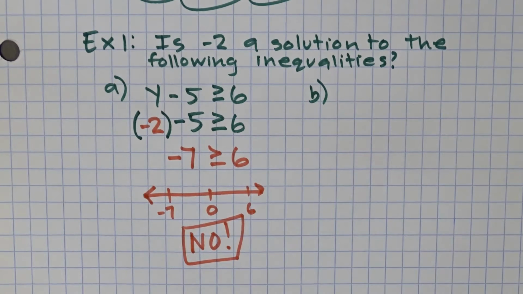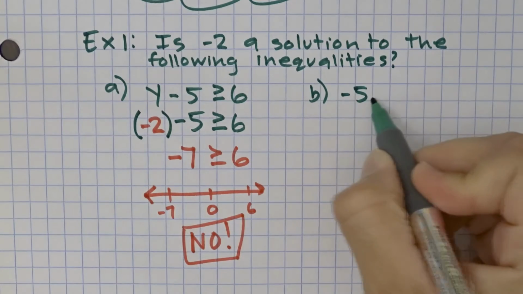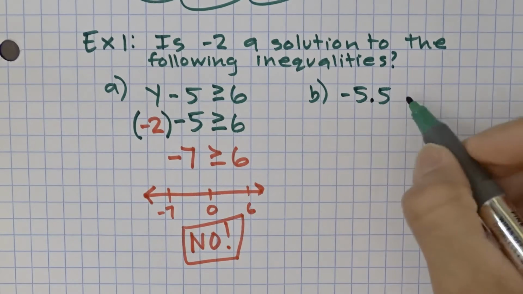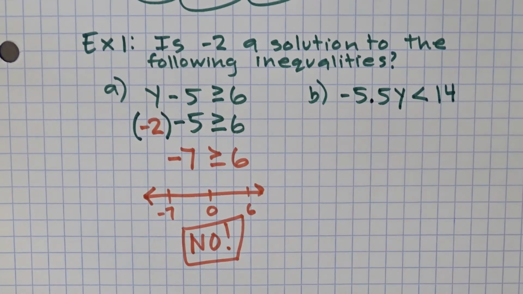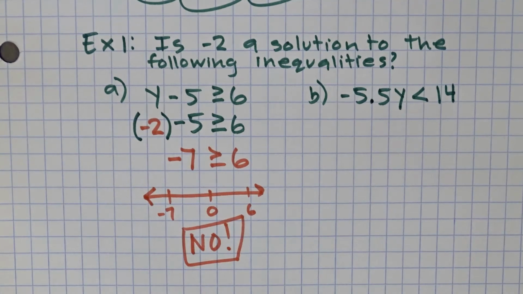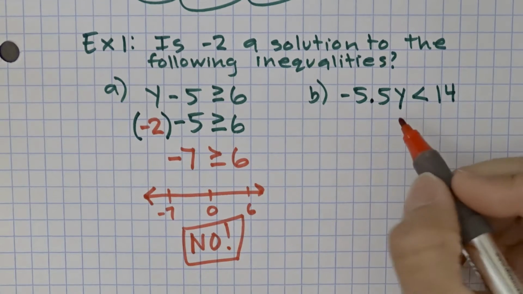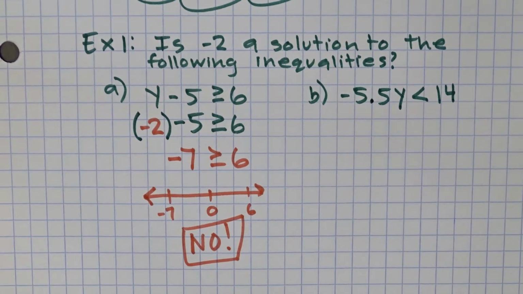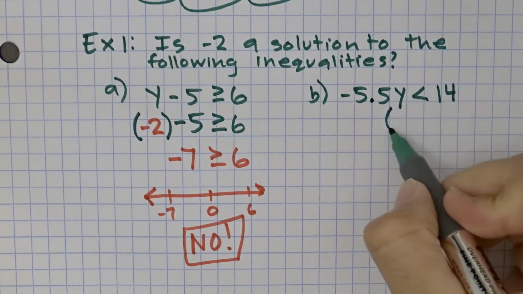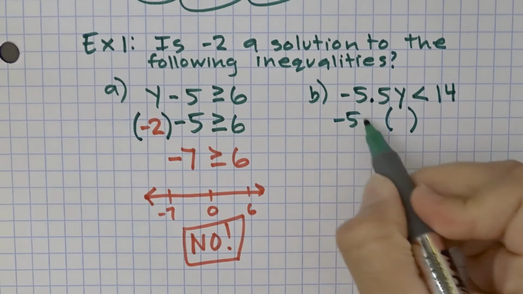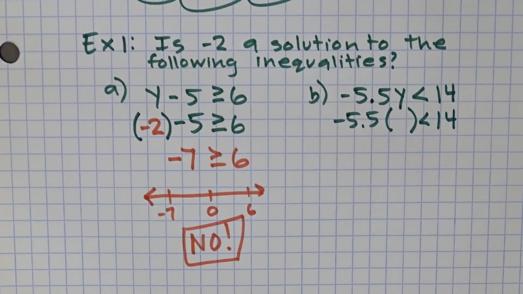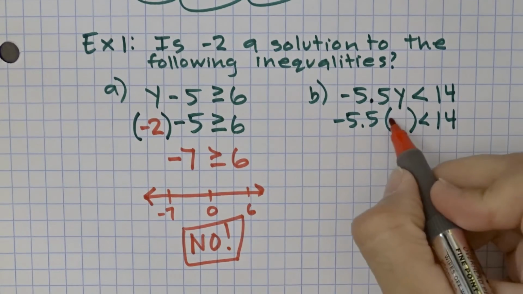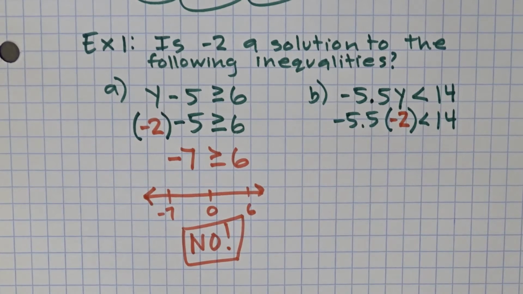The next one, -5.5y is less than 14. And again, you want us to check -2. It might be another number, but for this one, it's -2. So what I'm going to do again is a plug-in bubble for the y. And my -5.5 is still here. And now in that bubble, I'm going to plug in the value they want me to check, which is -2.